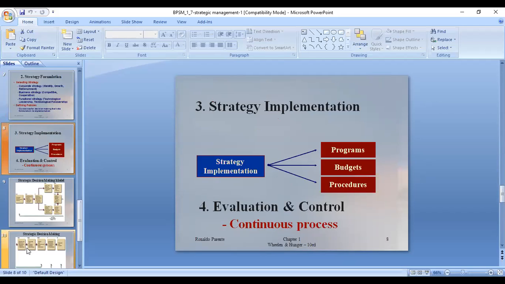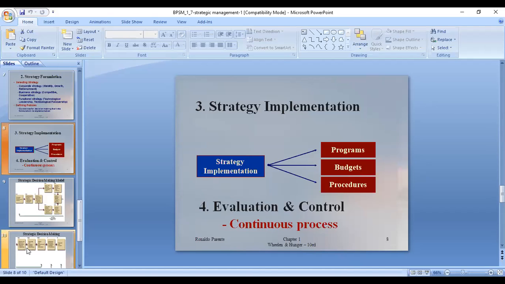Strategy is not a product or a gadget. It is a set of programs, a set of procedures, and for that you have to allocate the budget. So strategy implementation takes place in three ways: programs, budgets, and procedures.